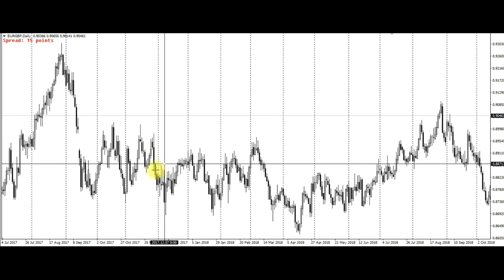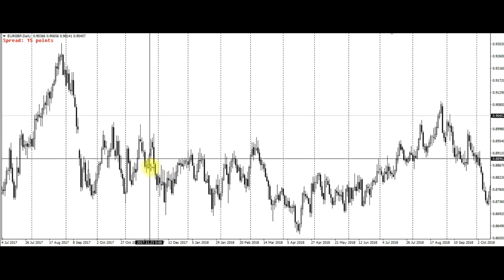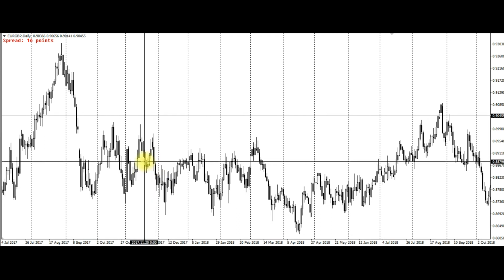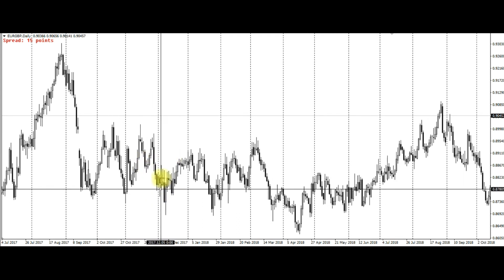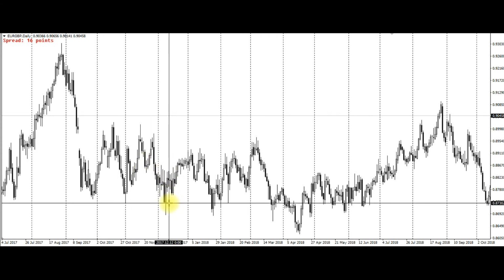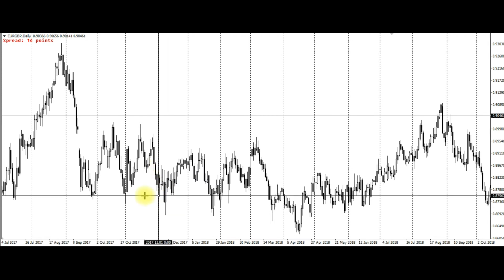But price got traded through it. There was a sell off through this bullish order block, so we expect that anytime price comes back to it, there will be a sell. That's what we are having over here.